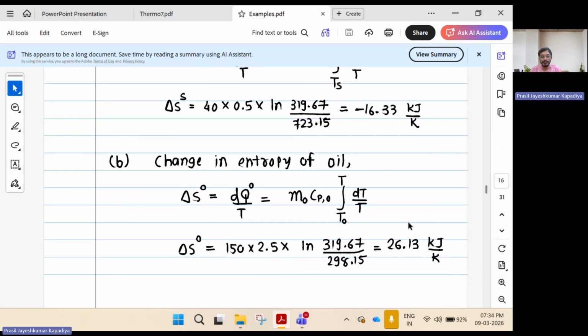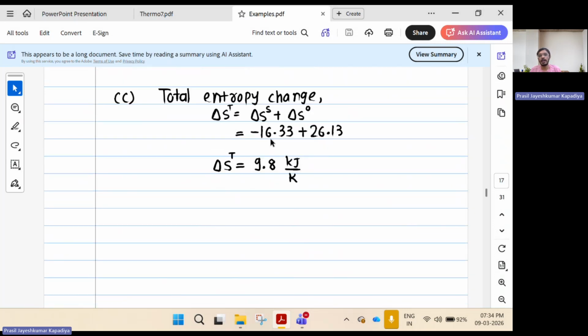If I add this, it is minus 16.33 plus 26.13, that is 9.8 kilojoules per Kelvin. So what we are seeing here is that even if the entropy of the steel casting is reducing, the total entropy is increasing, so this process is a favorable process.